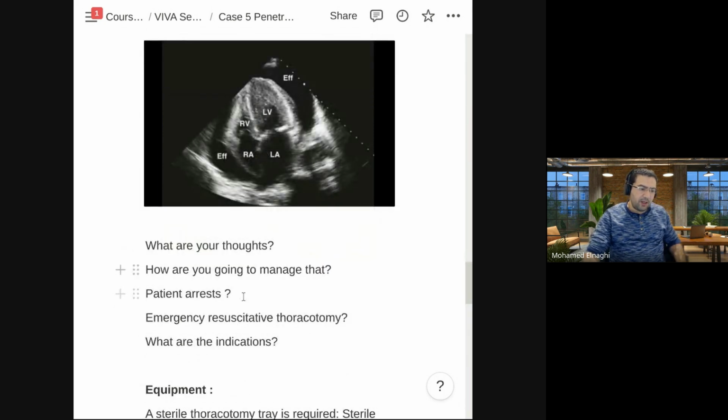While you are preparing for pericardiocentesis, the patient arrests. What do you think would be the management now? You've got a young patient with a penetrating injury to the heart, with cardiac tamponade, and they develop cardiac arrest in front of you.